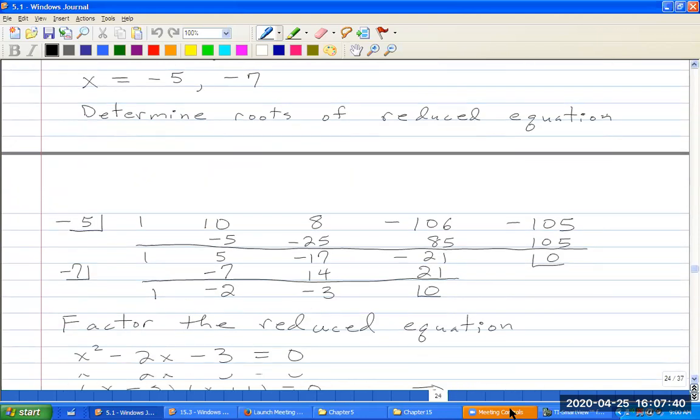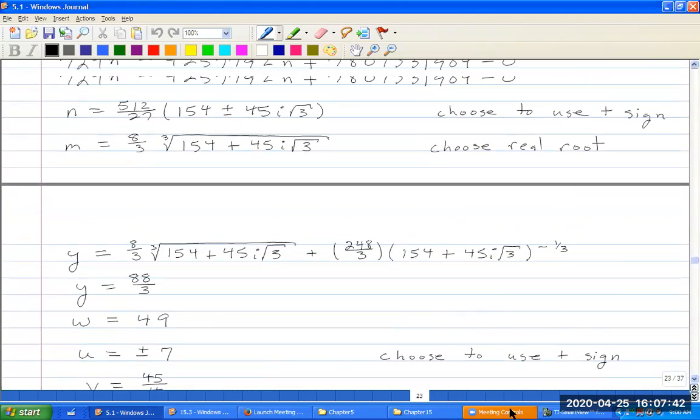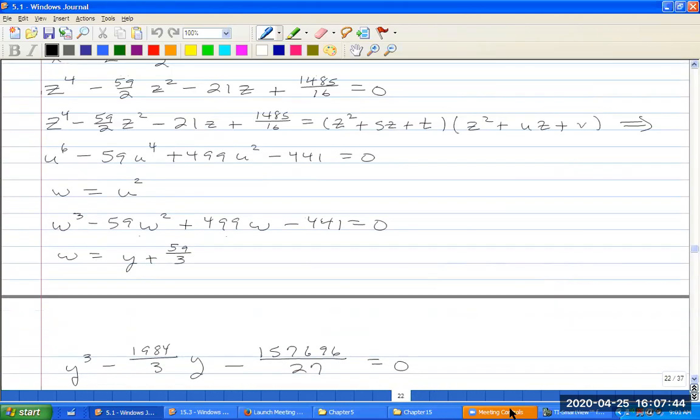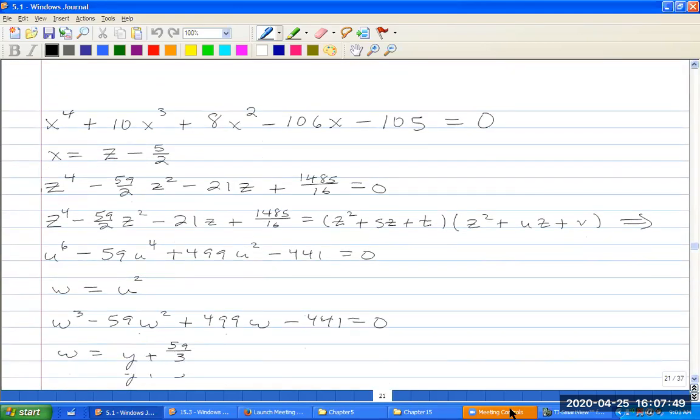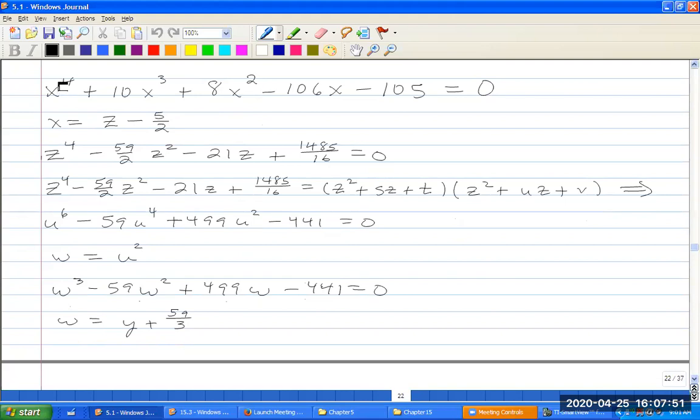Okay, so let's do this. So let me just tell you. Suppose I want to solve x to the fourth plus 8x squared minus 106x minus 105 equaling 0.